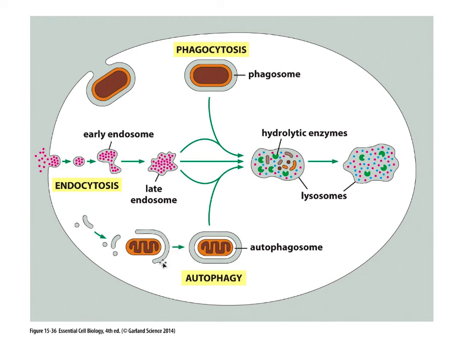So membrane will form around the mitochondrion and lead to the production of a vesicle, and that's called an autophagosome, or autophagy. And once the organelle has been surrounded, it is then going to be fused with a lysosome, and the content of the lysosome will digest the content of the autophagosome.